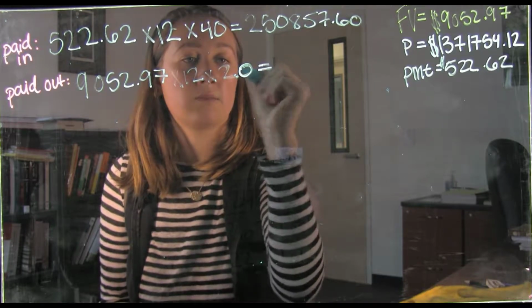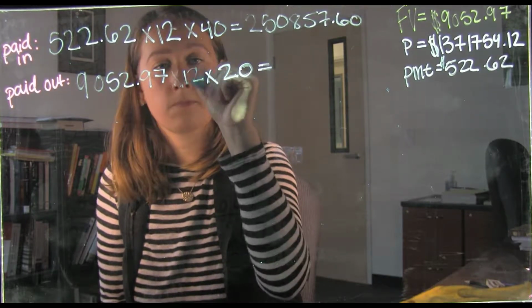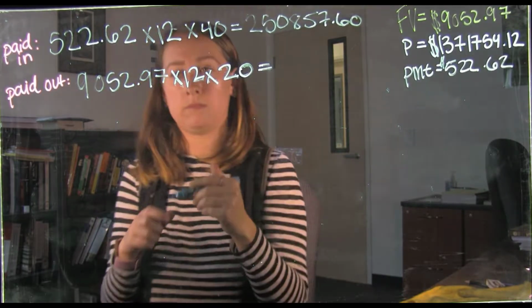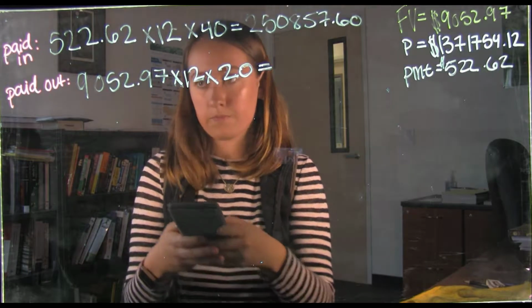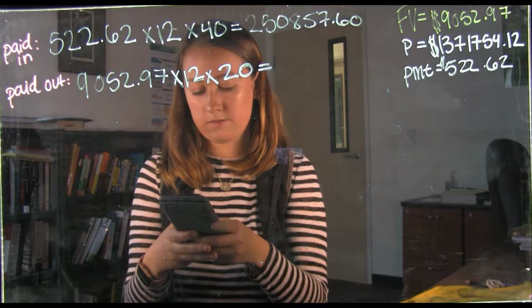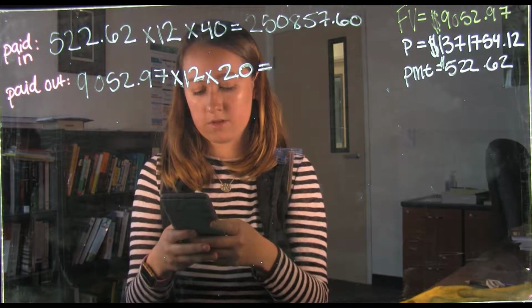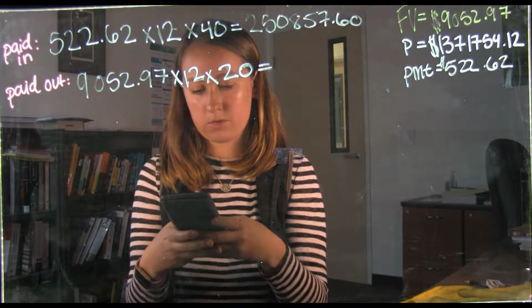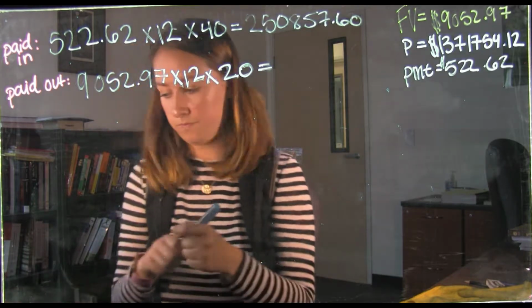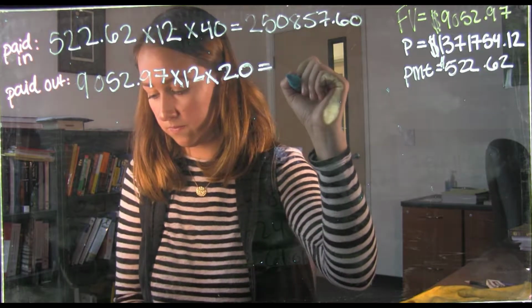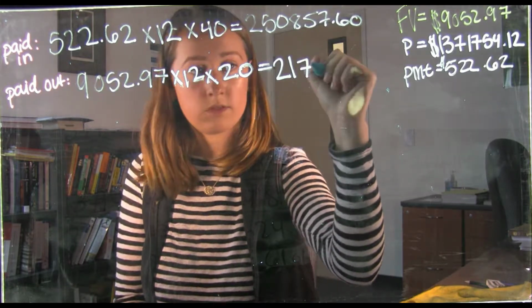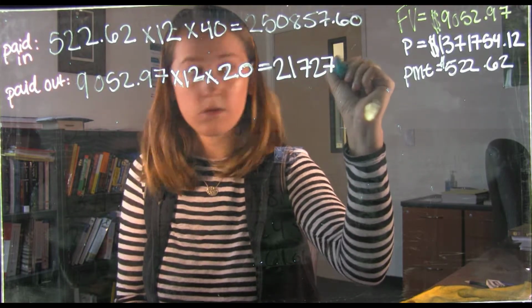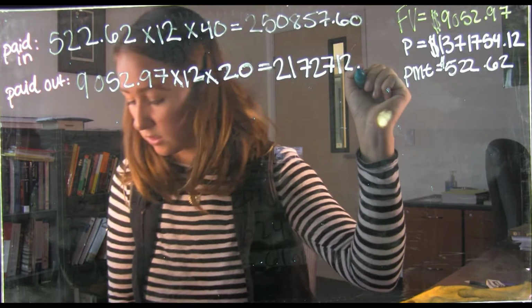So that's how we determine that one. So that's going to be 9,052.97 times 12 times 20. We're going to get a big number, 2,172,712.8.